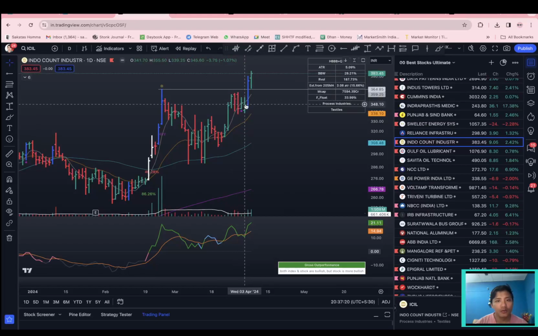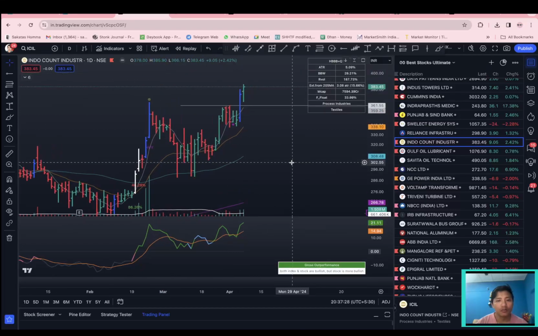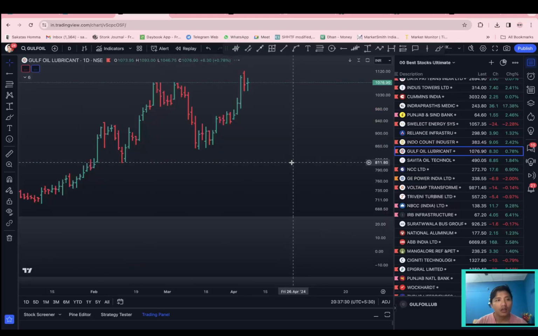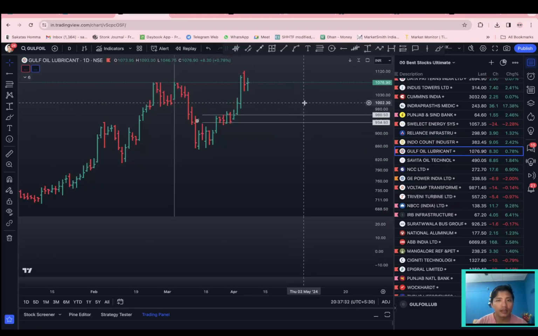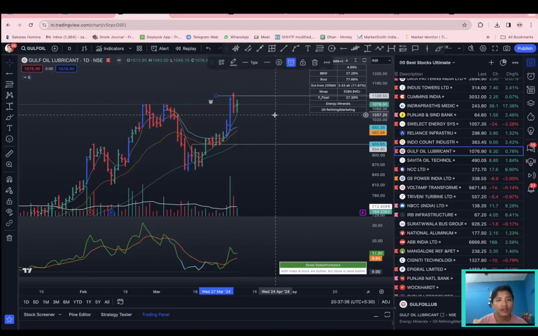Similarly, 1, 2, 3, 4, 5 days of tightness, and if you had an alarm clock set here, then you would have got these 2 days to move. Gulf Lubricants is currently setting up. It's not ready yet.